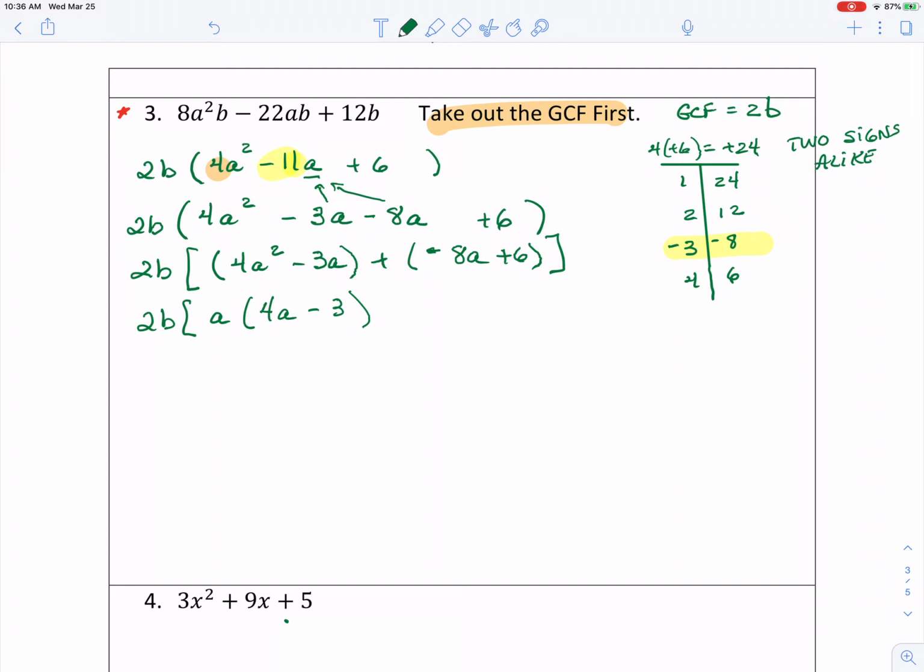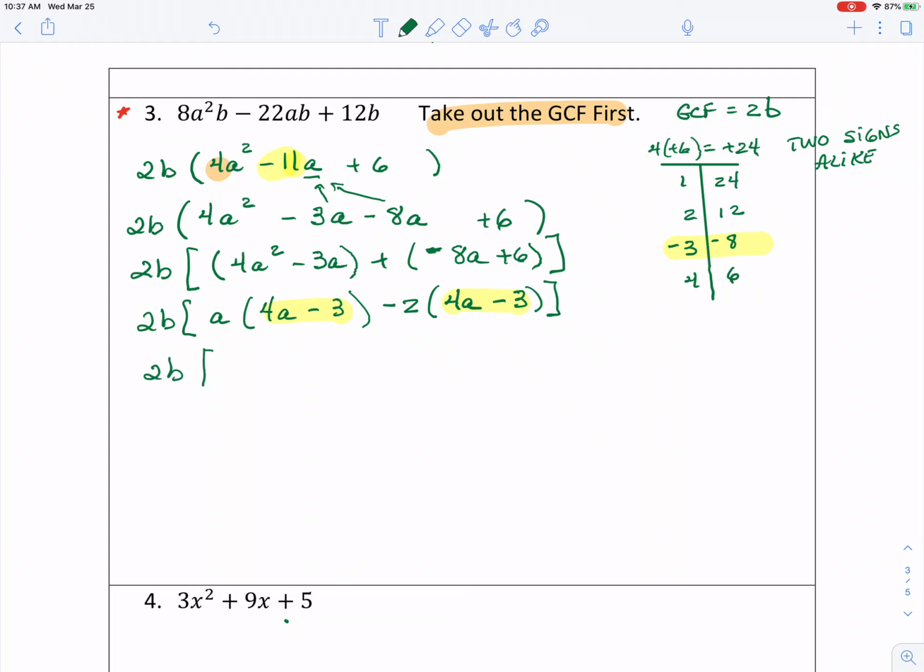And in the second parentheses, because I have a lead negative here, I want to factor out a negative. I think the number I want is a 2. So I'm going to pull out a negative 2, which is going to leave a positive 4a and a negative 3. And that's exactly what I was hoping for, because now I see that I have the matching parentheses.